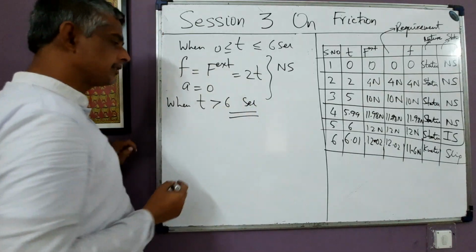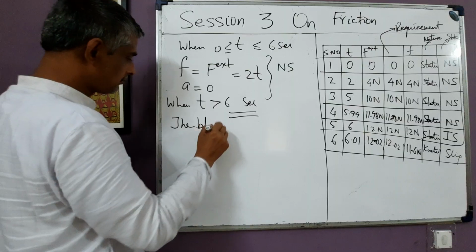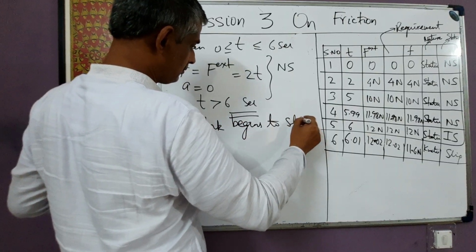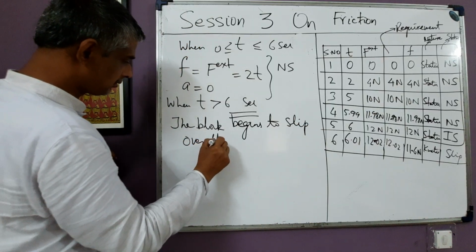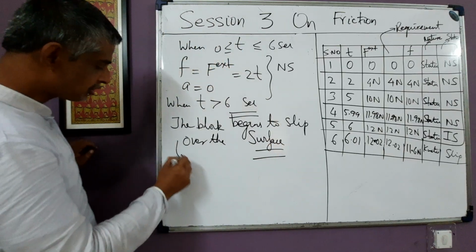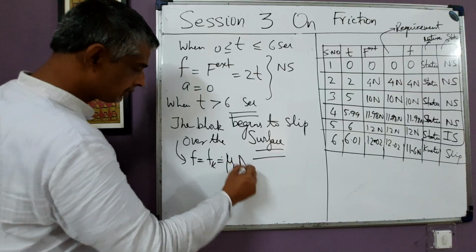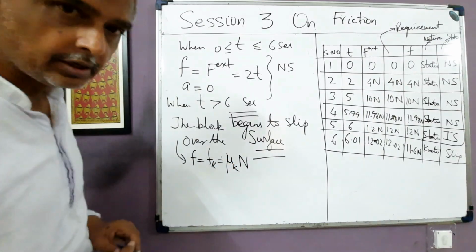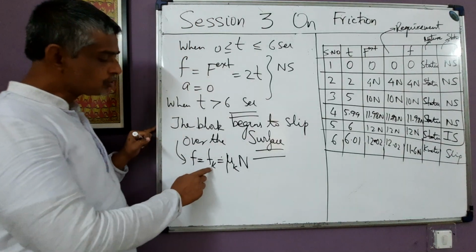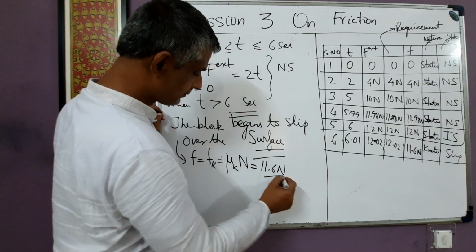And when t exceeds 6 seconds, the block begins to slip over the surface. Then the nature of friction changes to kinetic, and its magnitude is equal to mu k N. In this case it becomes 11.6 Newton.